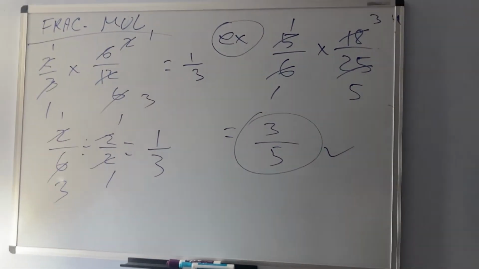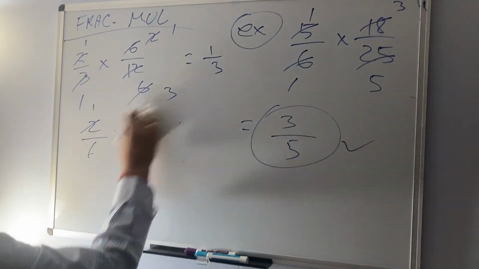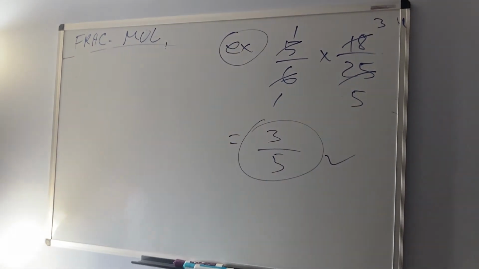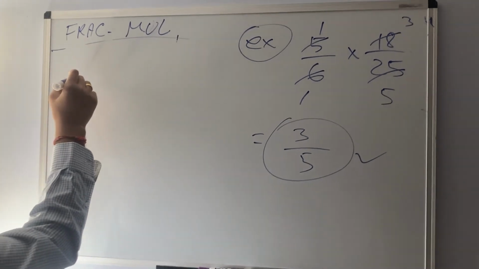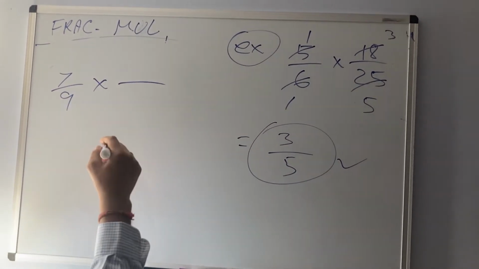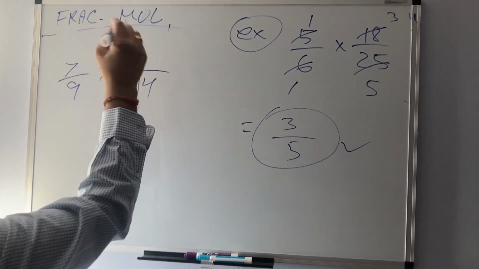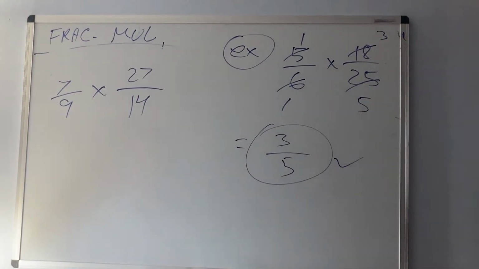Now, one more example. I'll go over the fraction of multiplications. Let's say 7/9 times 27 over 14.